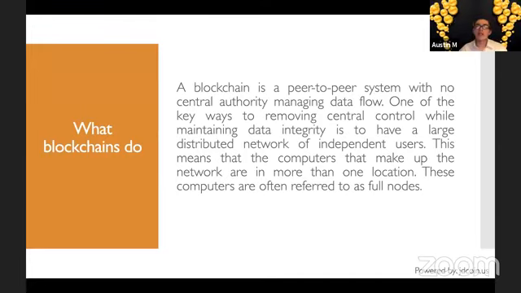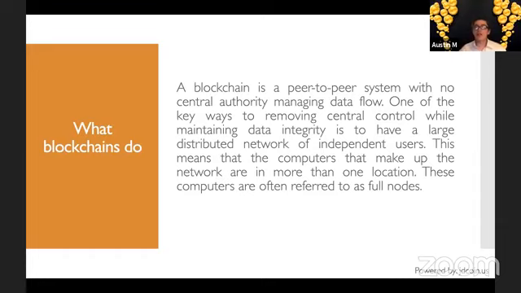So a blockchain is a peer-to-peer system with no central authority managing the data flow. So peer-to-peer means it would be from me to one of you. There's no one in the middle delaying the transaction or gaining information or taking their cut, even taxes. It's just a straight one to the other person with no one in between.